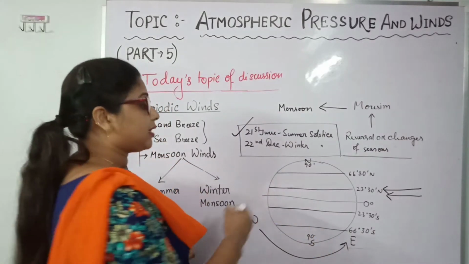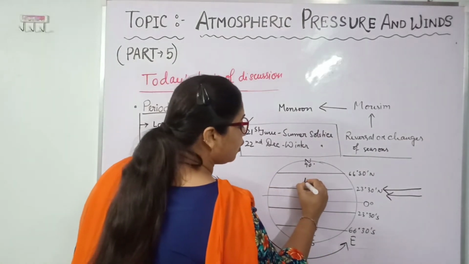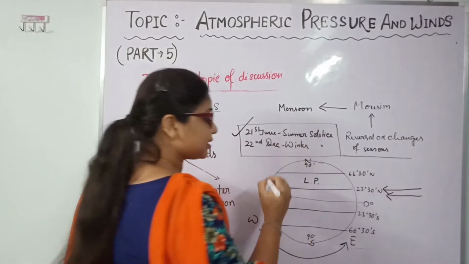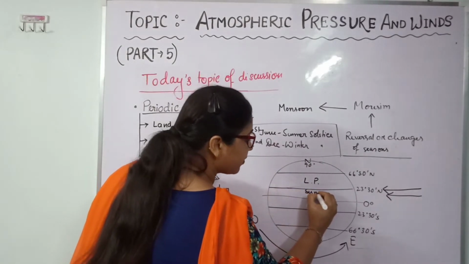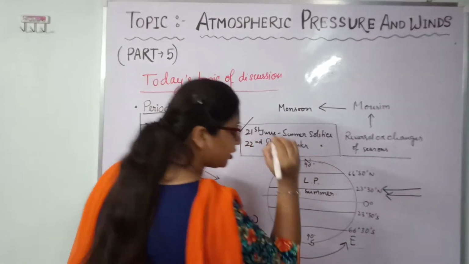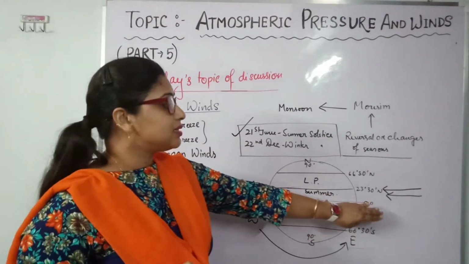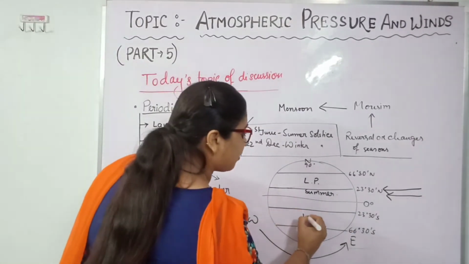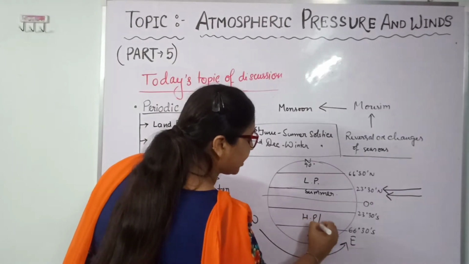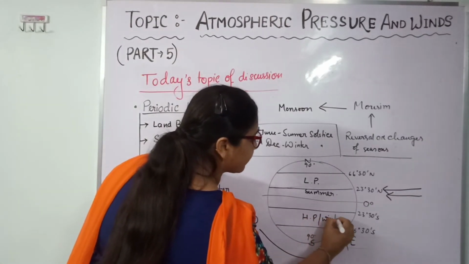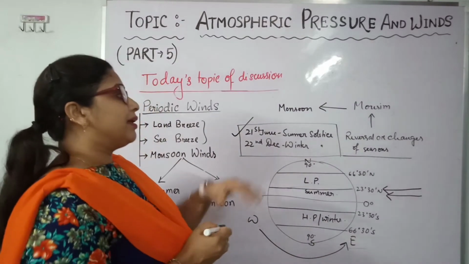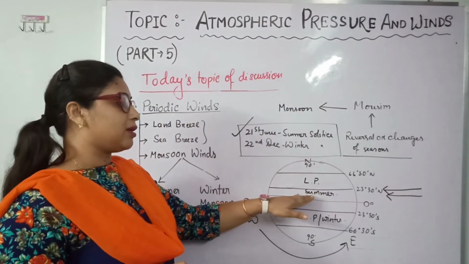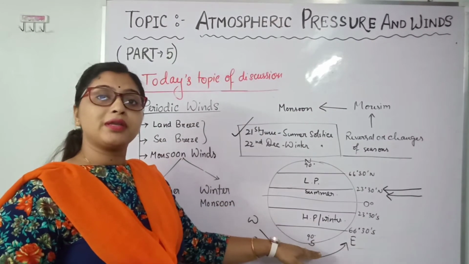Due to that, the northern hemisphere will have low pressure, meaning the summer season forms in the northern hemisphere, but as the sun is far from the southern hemisphere, the southern hemisphere will have high pressure with the winter season.